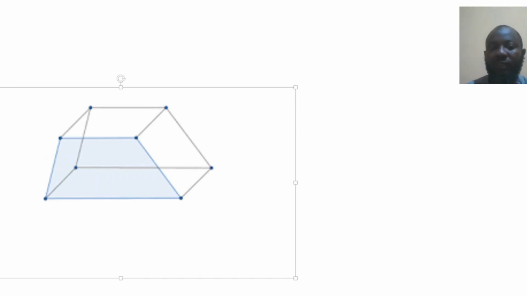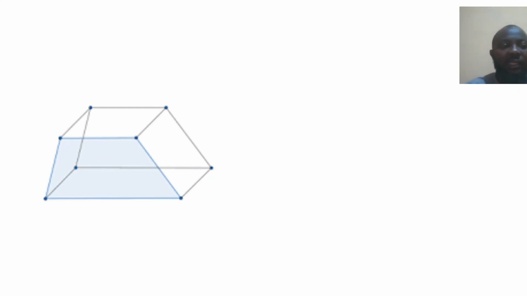So what that means is that we have a trapezium. You can see the side that is shaded here. So let me shade the opposite side, which is this one. You can see that it is the same. So that is a trapezium. This difference between the two is the height. This is the height. All right.